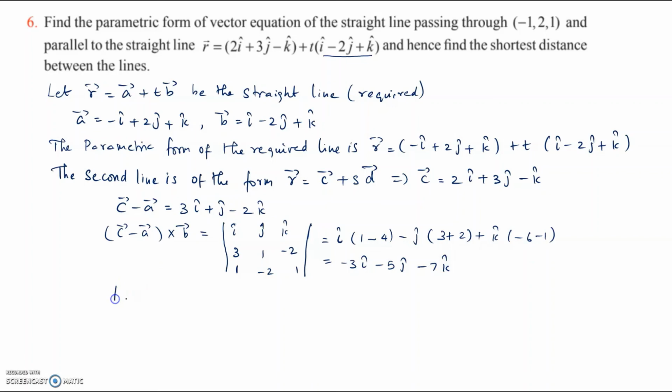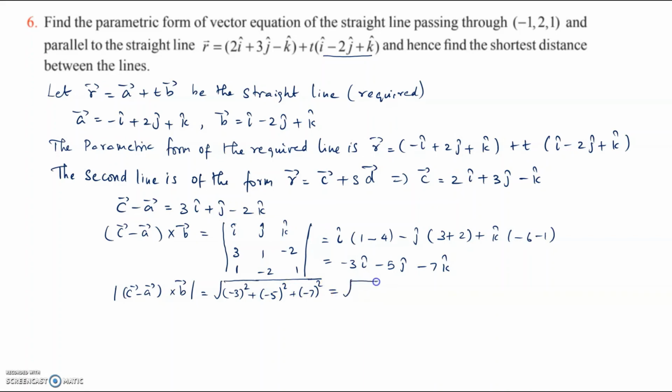Therefore, the magnitude of this vector, which is c minus a cross product with b, is equal to square root of minus 3 squared plus minus 5 squared plus minus 7 squared.